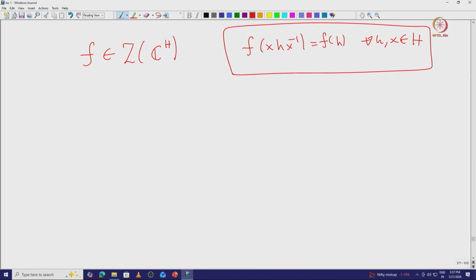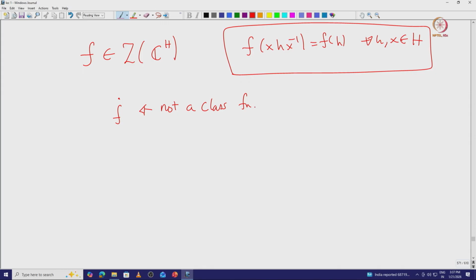So, what we want is a function from G to C which extends this f and is again a class function. If we take this f dot, it is clear that this is not a class function. So, somehow we need to modify the definition of this f dot.